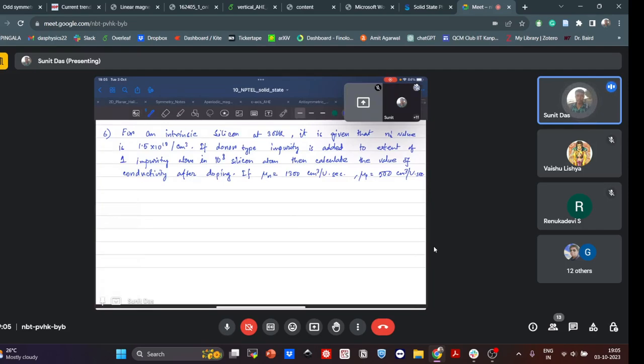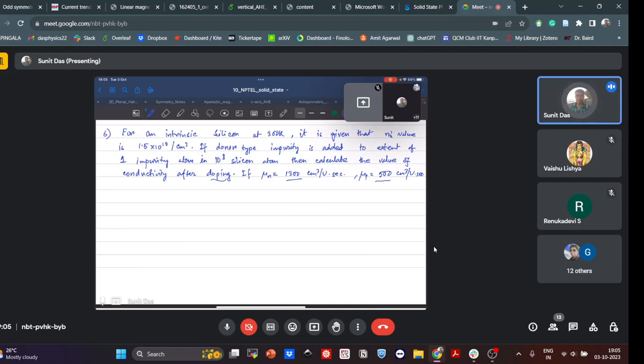Then we need to find the conductivity after doping, given that electronic mobility is 1300 and hole mobility is 500 centimeter square per volt second.